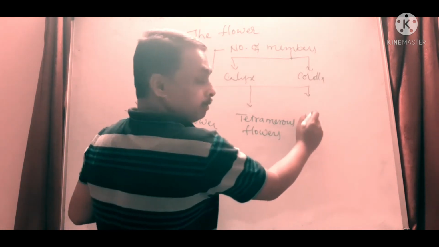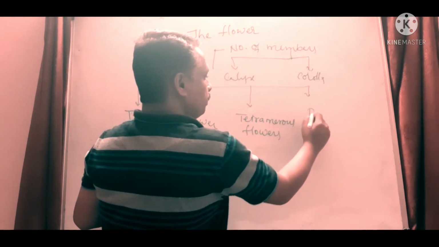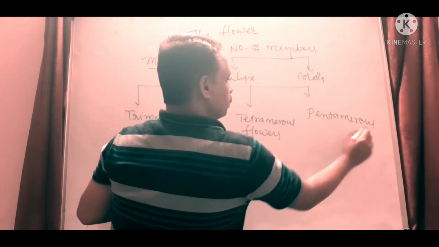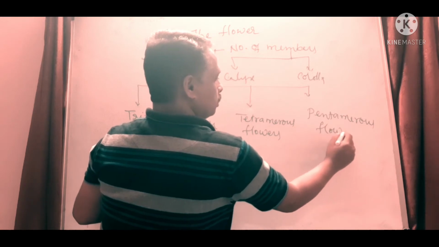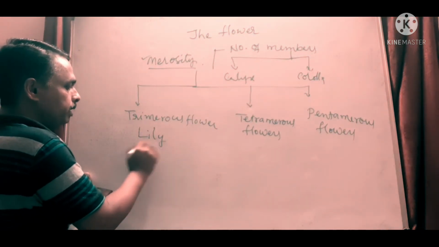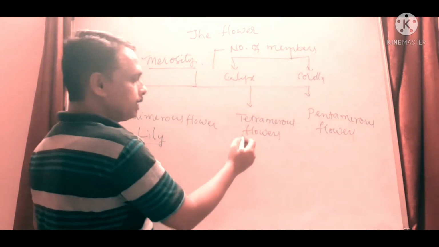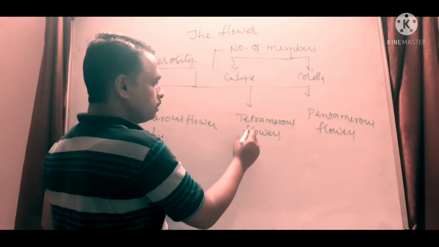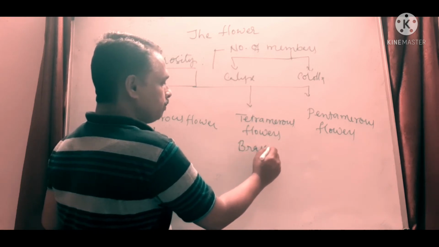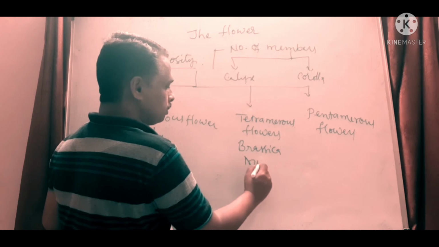And third one is pentamerous flowers. Example for trimerous: lily, a monocot member. Example for tetramerous: Brassica, that means mustard.